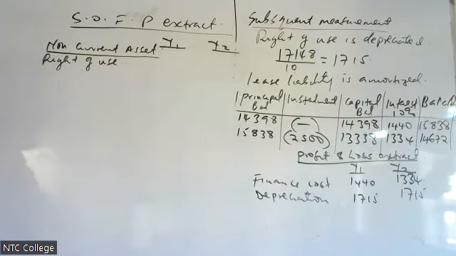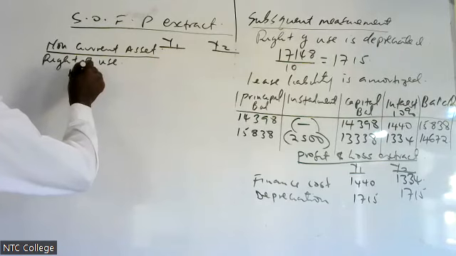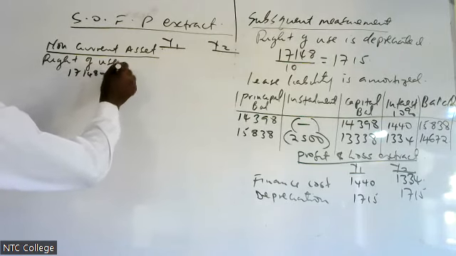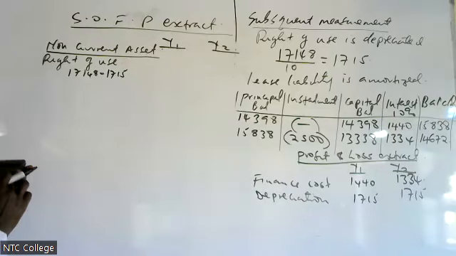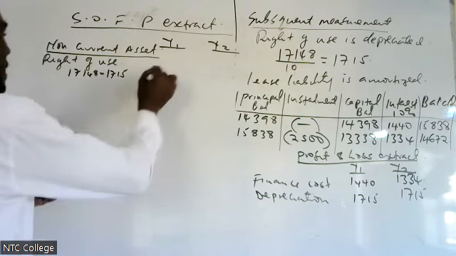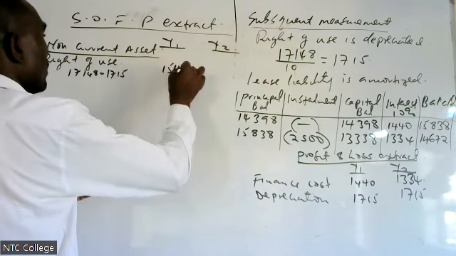In the right of use, I will take year 1, 17,148 minus 1715. In the first year, I have 15,433.